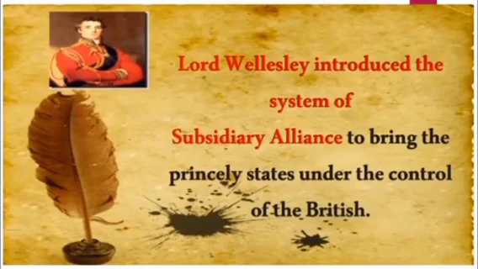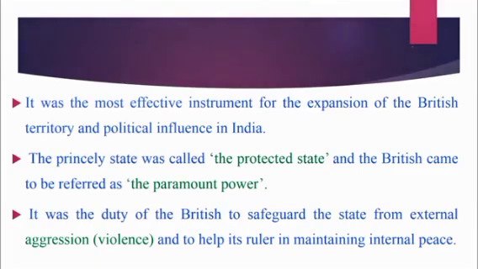It was the most effective instrument for the expansion of the British territory and political influence in India. The princely state was called the protected state and the British came to be referred to as the paramount power.